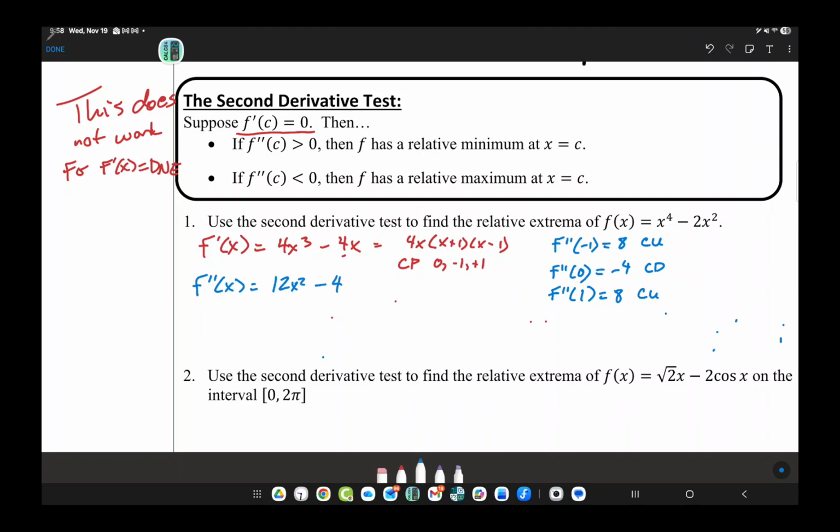So, relative max at x equals 0, because f prime of 0 is equal to 0, and f double prime of 0 is less than 0.